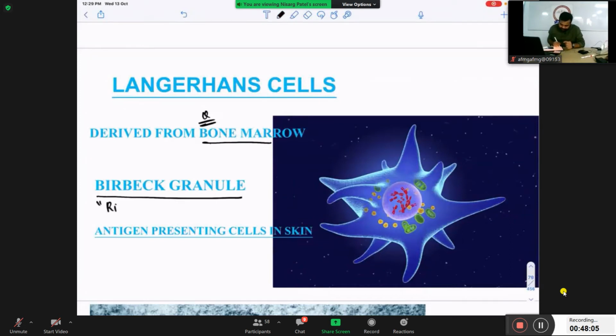So MCQ पूछते हैं. Birbeck granules are tennis racket shaped granules. It is a tennis racket, and these are the antigen presenting cells in the skin.